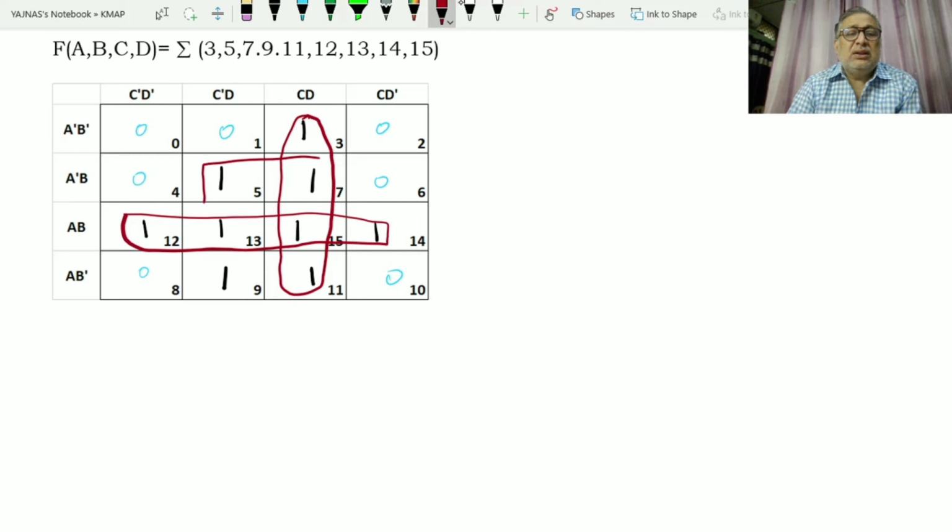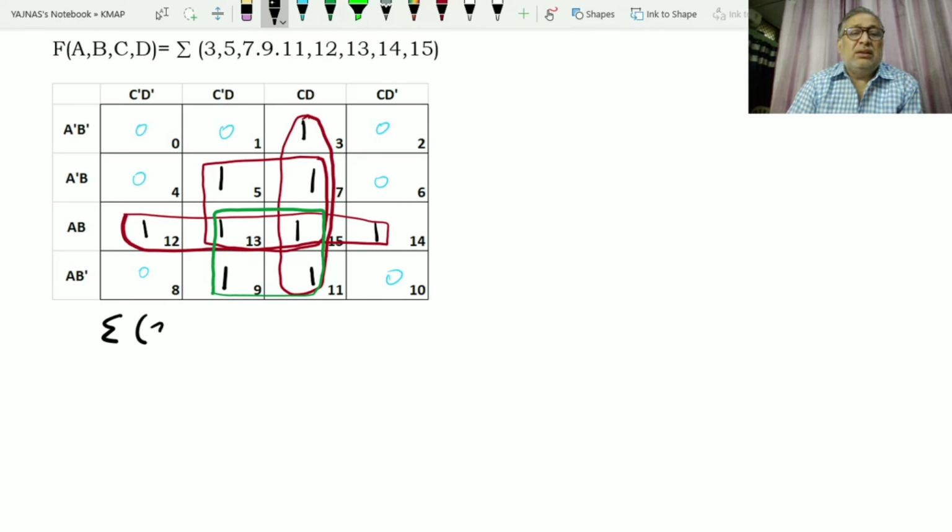Here we can make this 5, 7, 13, 15. Alright. And then here we can take 9 with 11, 13, 15. Okay. So there are 4 quads.